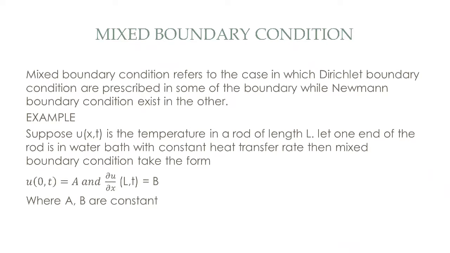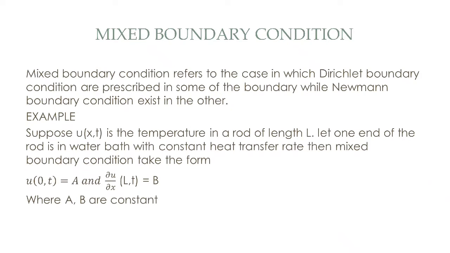Mixed boundary condition, or the fourth one. Mixed boundary condition refers to the case in which Dirichlet boundary conditions are prescribed on some of the boundary while Neumann boundary conditions exist on the other.